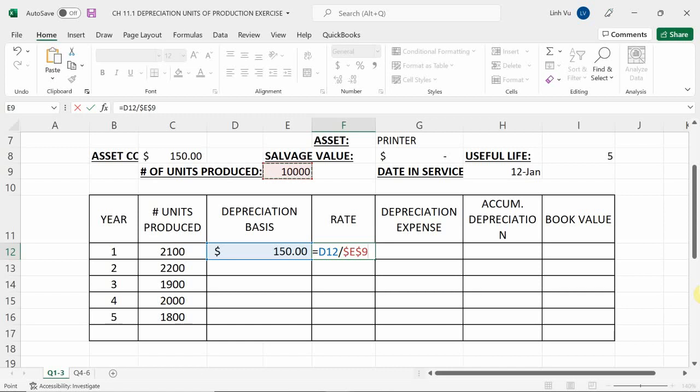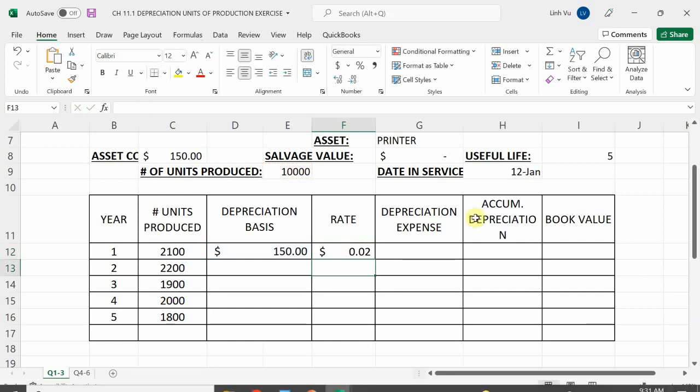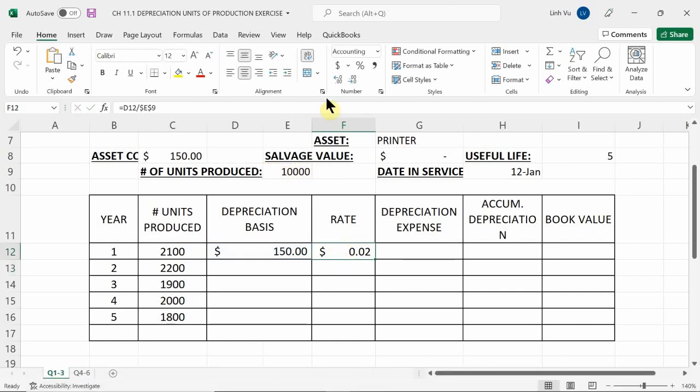And what do I get? 0.015. Okay? So then if I produced 2,100 pages and it's going to cost me 1.5 cents per page, what is going to be my total depreciation expense?